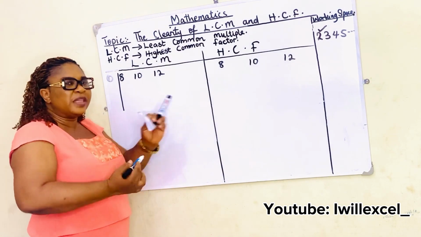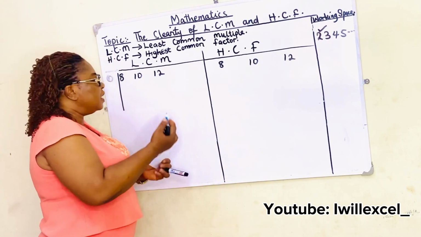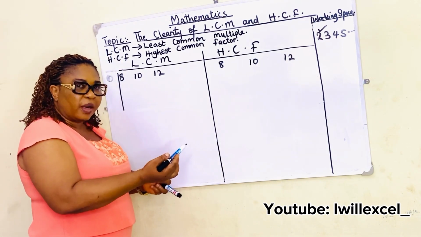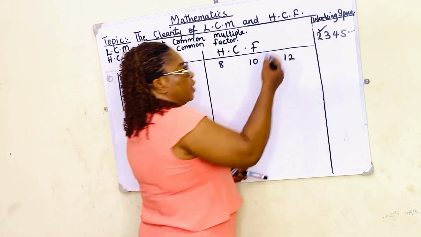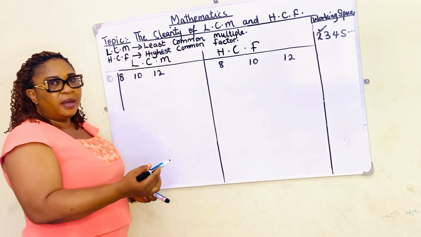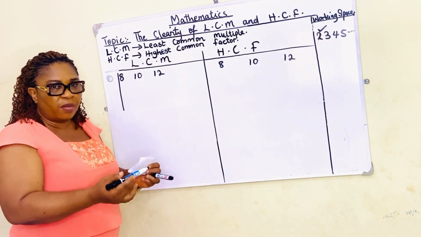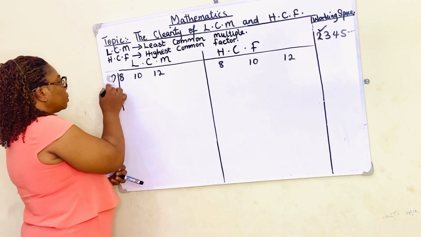Then you check the next number. If the next number can divide any number, you turn to it. But if the next number cannot divide, you turn to the next. You check, don't jump any number. So we start with 2. Good.